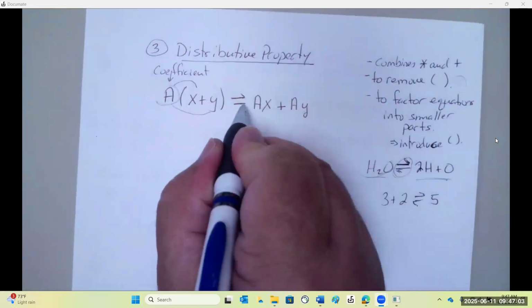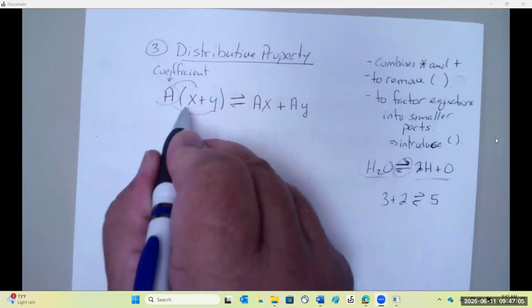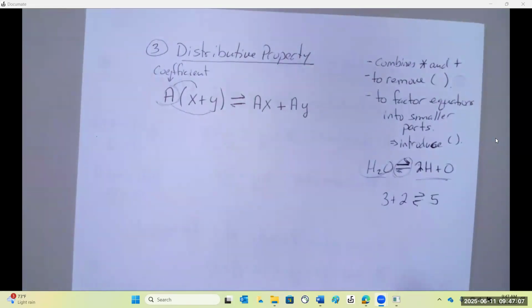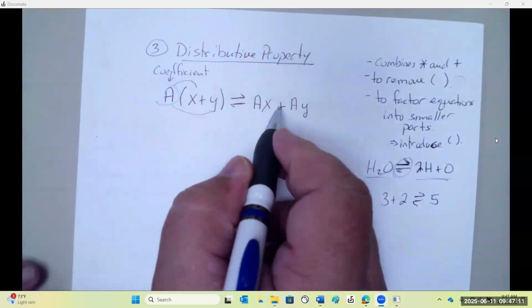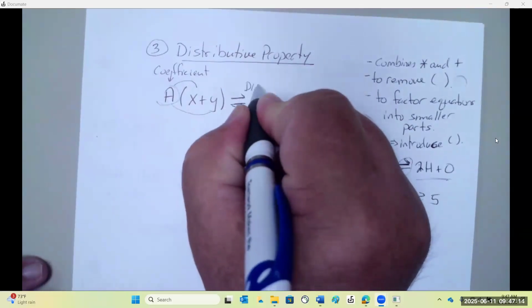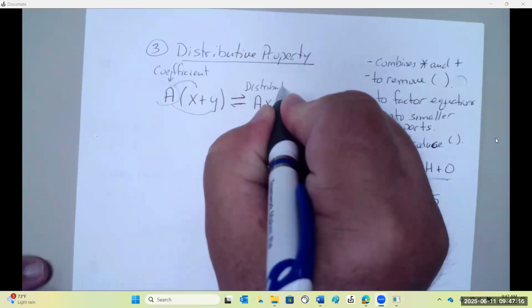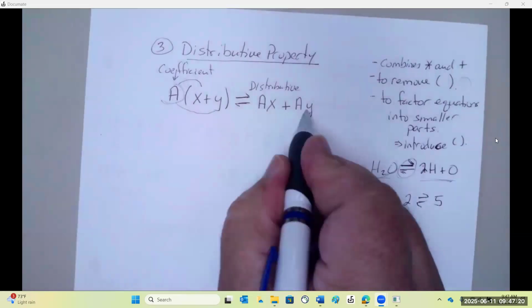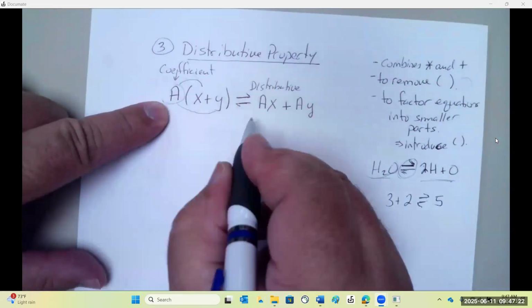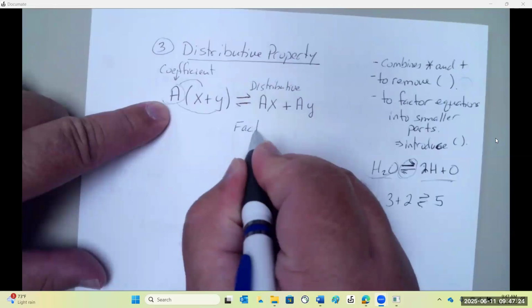Or if I had this, I can go from there to this. Two different names. If I go from this to this, if I remove the parenthesis, that's called distributivity. If I go from here and I introduce the parenthesis, that's called factoring.